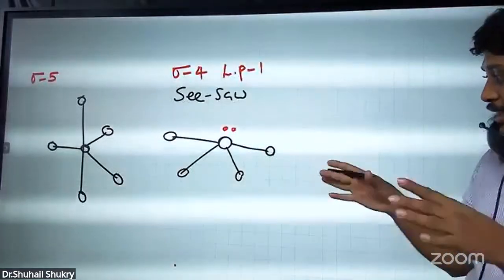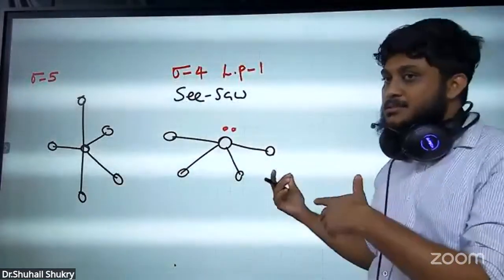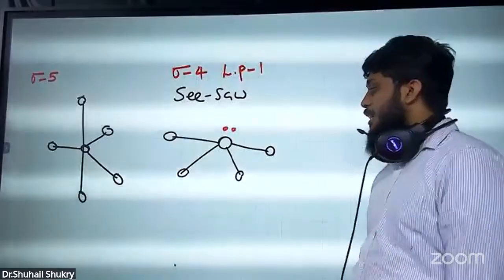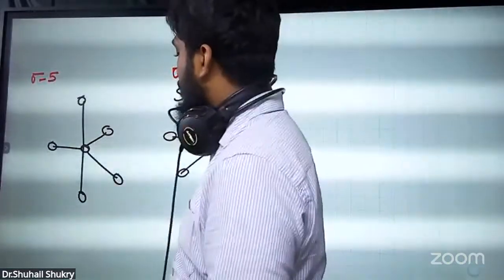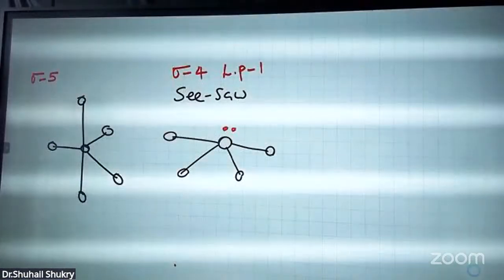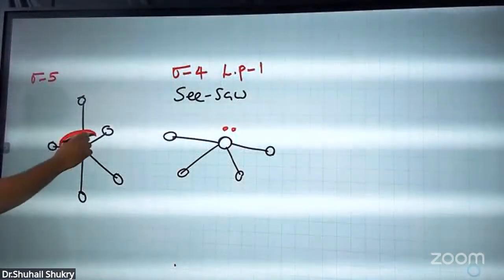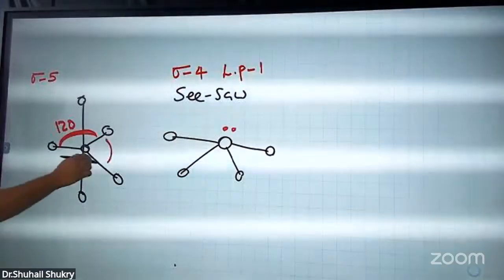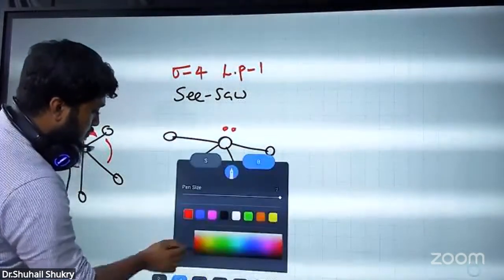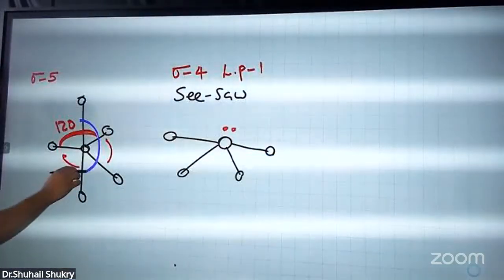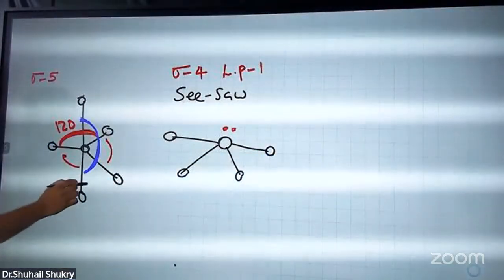Actually, I can't show exactly the thing on this. That's the issue. If I could show this, it would be very nice. But unfortunately, I can't. The thing is, what is the degree here? This is 120, no? Between these things, 120. From here to here, this blue line, is 180.